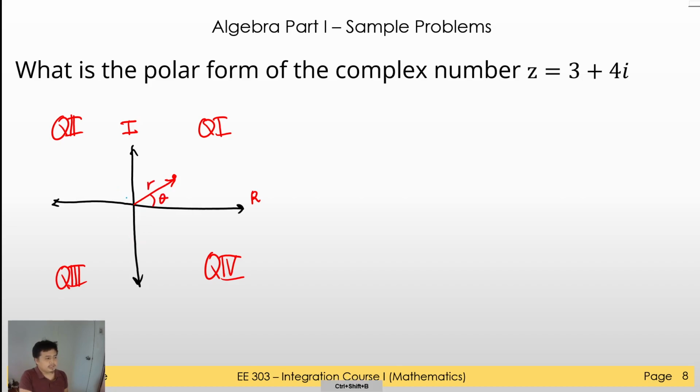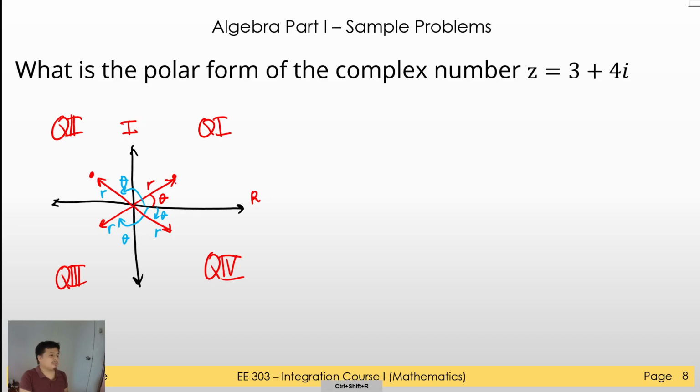And then if we have another point here, then this will be our new angle, and then this will be your radius, and so on. So for the third quadrant, we have an angle coming down from below as theta. This will be our r, and then this one, we have an angle here again, theta. This will be your r.